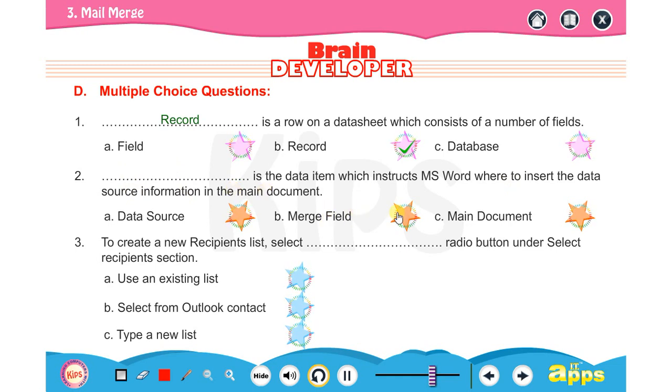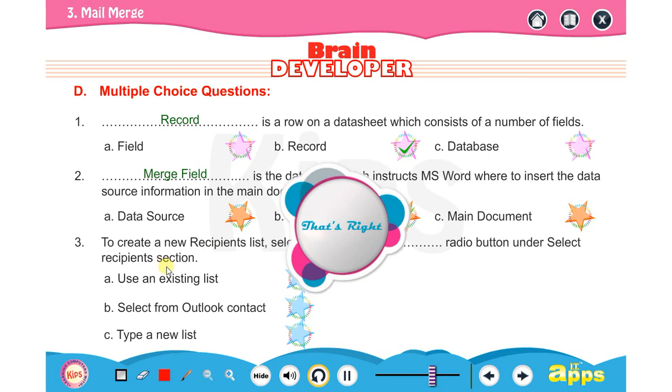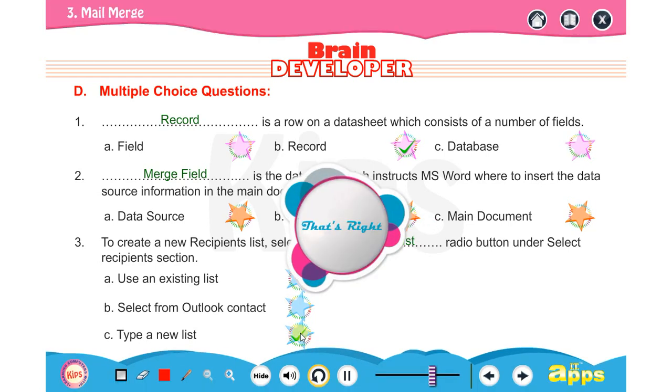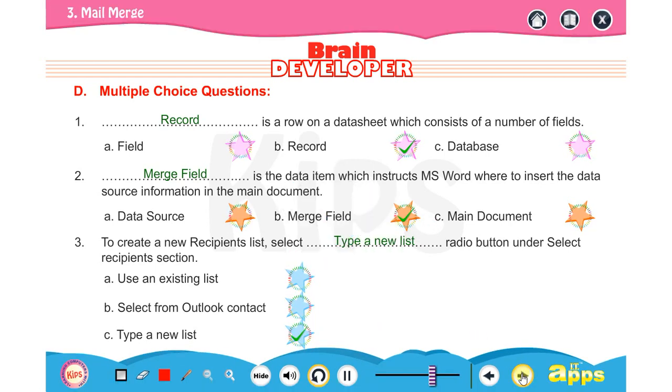So it is merge field. Third, to create a new recipient list, select dash radio button under select recipient section. So it is type a new list. Let's proceed for the next exercise.